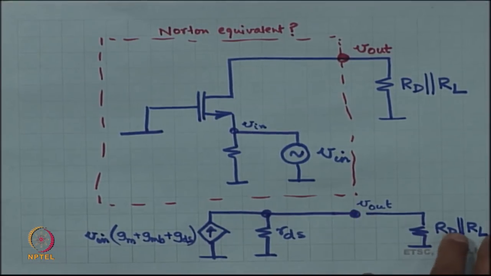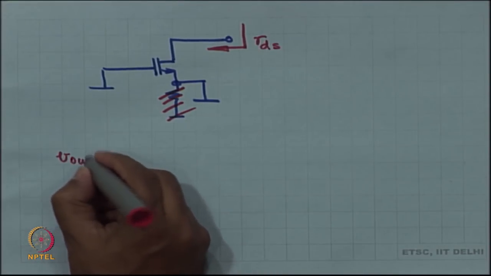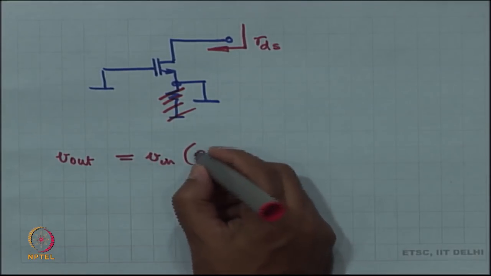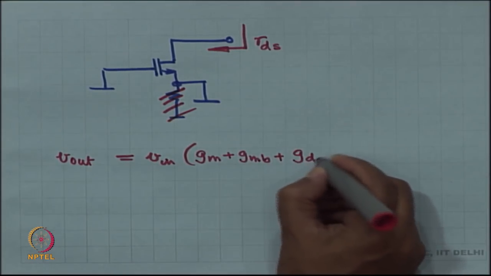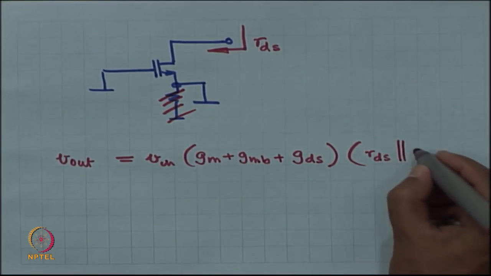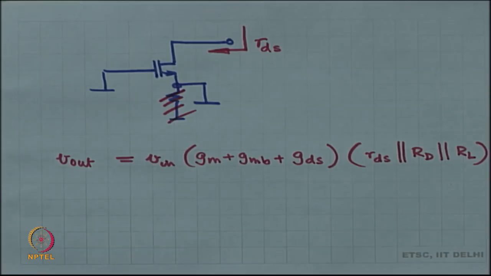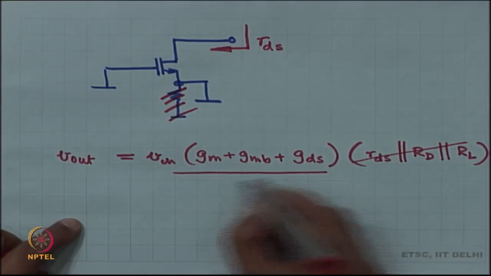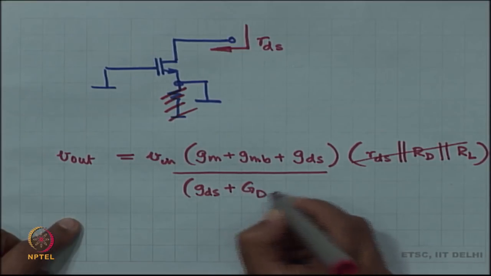So, therefore, V out is going to be V in times GM plus GMB plus GDS times RDS in parallel with RD in parallel with RL, or if you like to write it as conductance, then you can write this as GDS plus GD plus GL.